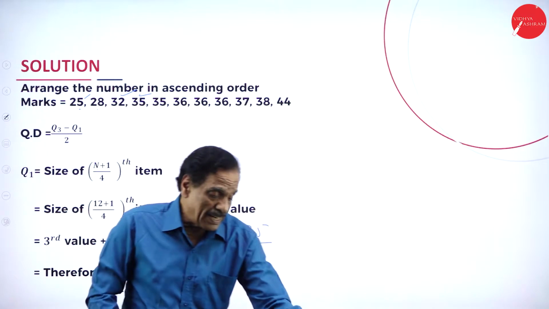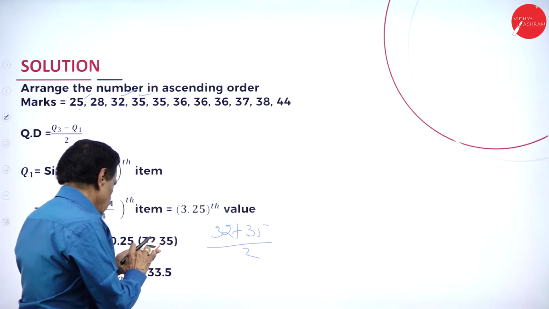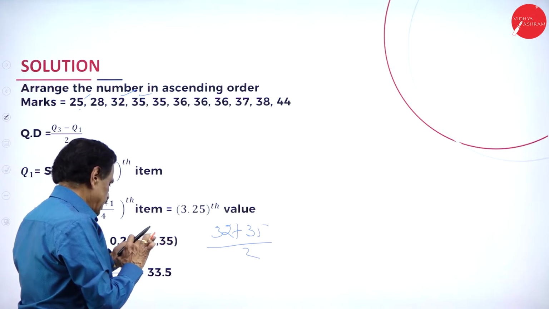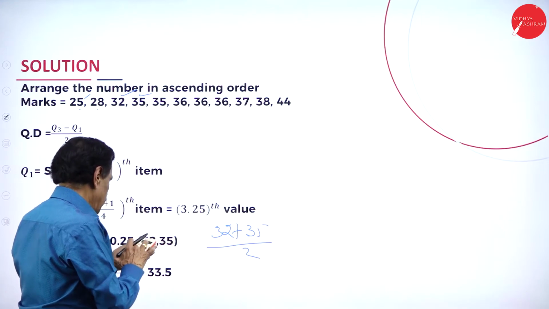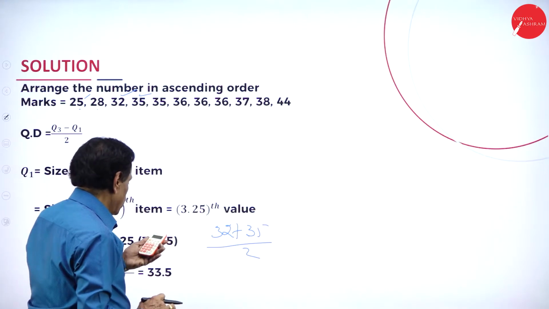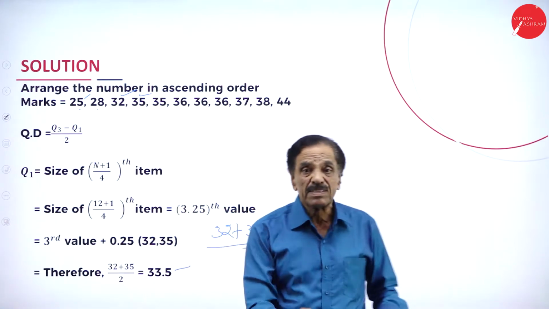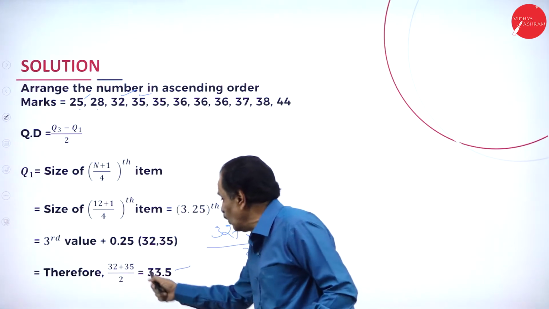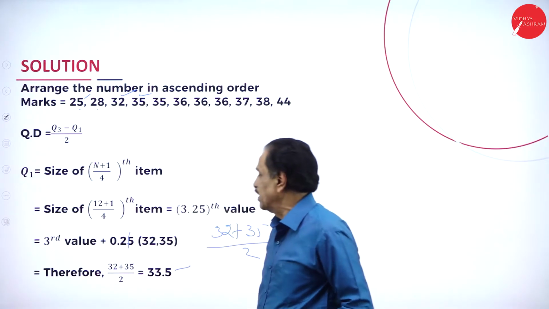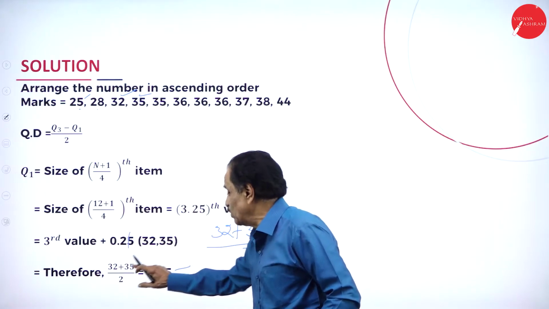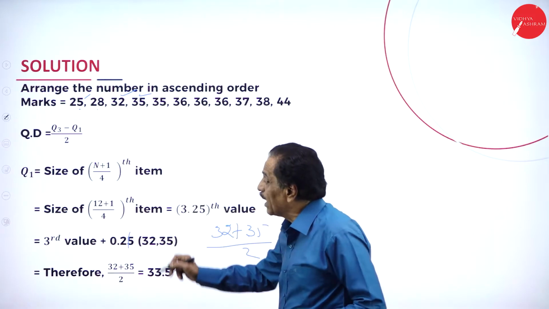If you apply the calculator, 32 plus 35 divided by 2, it will come 33.5. So it will come under 33.5. This comes under Q1.